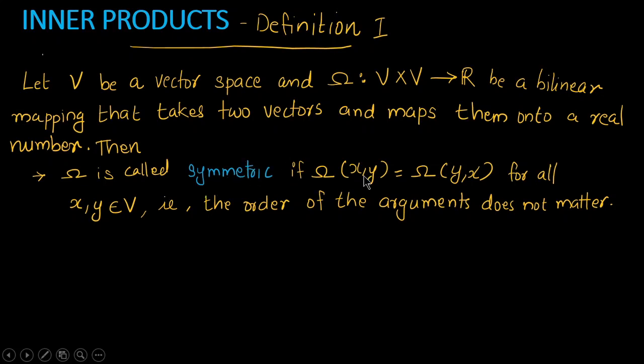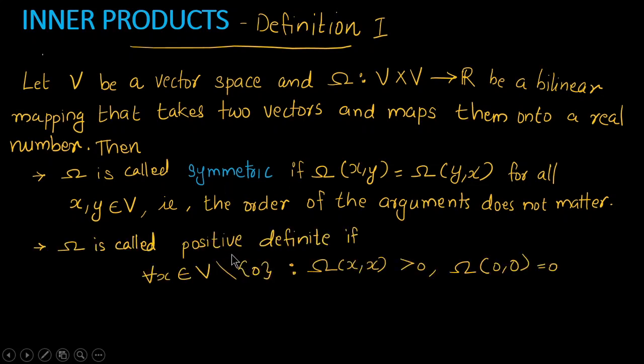Symmetric in the sense that the order of the arguments should not matter, because ω(x, y) should be equal to ω(y, x). These two should give the same answer. Such functions are called symmetric functions. So when we choose a function as an inner product, it should be symmetric. That is the first condition.